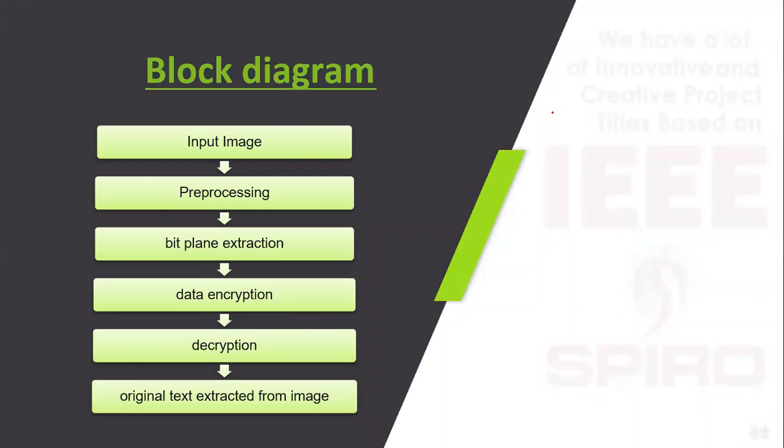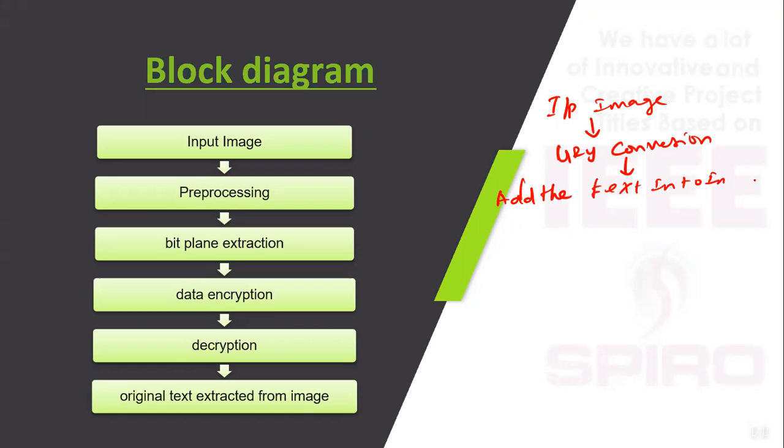First of all, you take the input image, and here we do some pre-processing like gray conversion, and next add the text into the image and select a bit number, LSB or MSB, and next the data is encrypted.